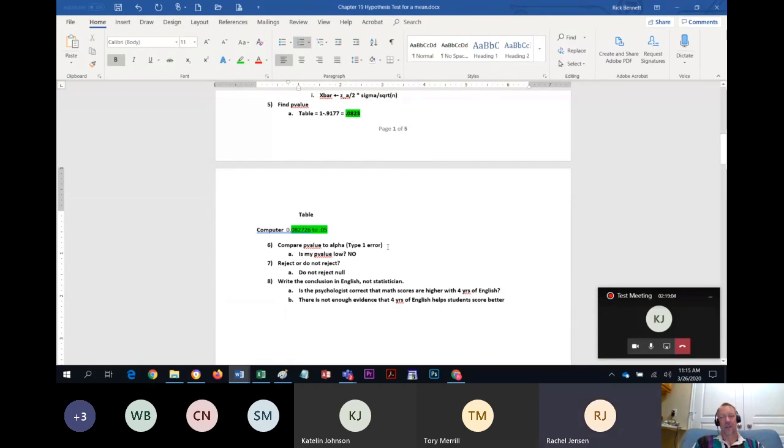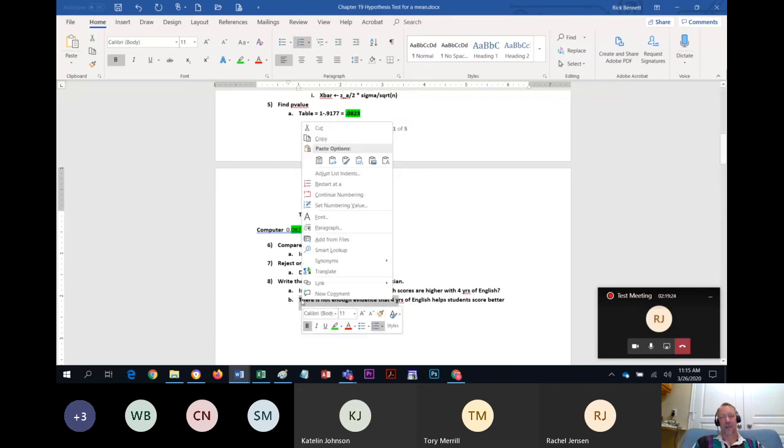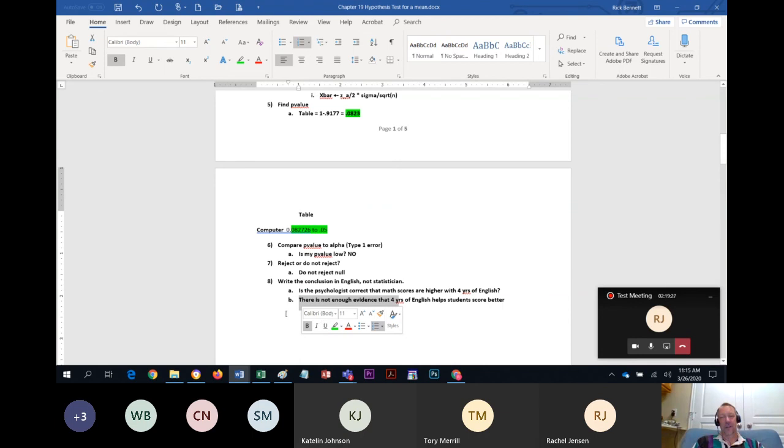So how often will our conclusion be like, no, this is incorrect? So let me just say this, on your homework, rather than making a blanket yes/no statement, you're going to hedge a little bit, and you're going to either say there is enough evidence or there is not enough evidence, because you could be making a mistake.